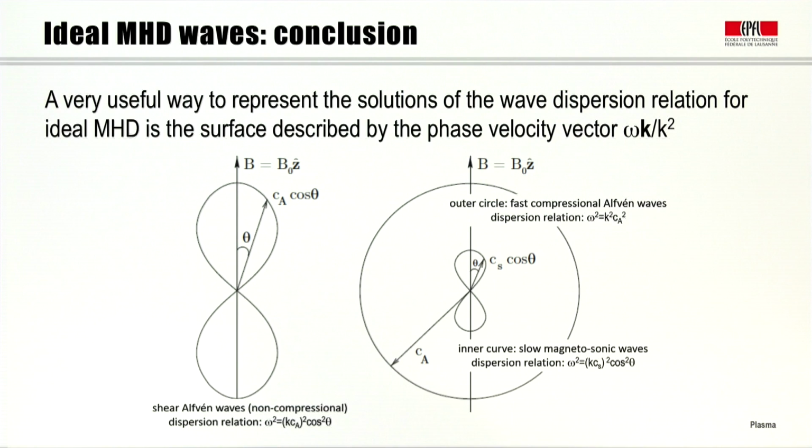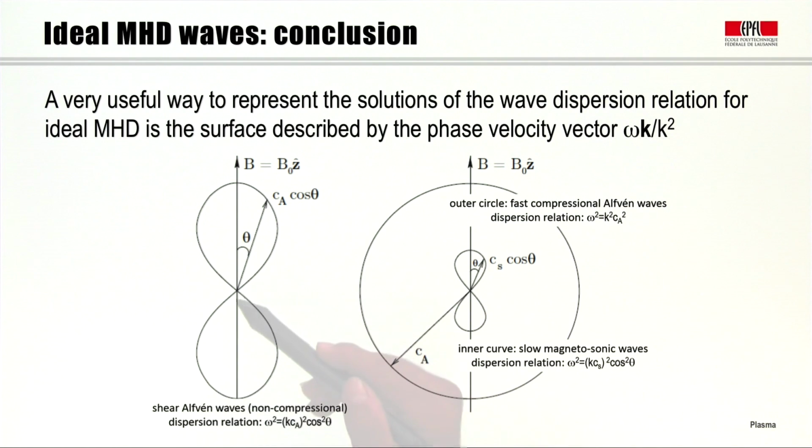A very useful way to represent the solution of the wave dispersion relation for ideal MHD is the surface described by the phase velocity vector omega k divided by k square. We have here on the left the case for the shear Alfvén wave, which is non-compressional, with dispersion relation omega square equals k square Ca square times cos square theta.